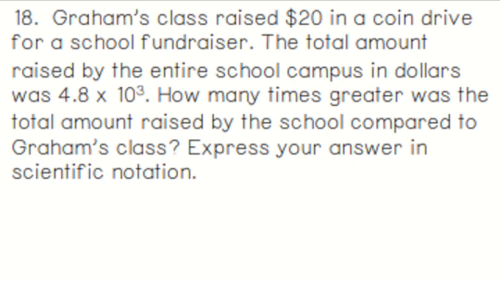So Graham's class raised $20 in a coin drive for a school fundraiser. Total amount raised by the entire school was 4.8 times 10 to the third. How many times greater was the total amount raised by the school compared to his class? What's that mean we're doing? Dividing. All right, so we take the total amount.